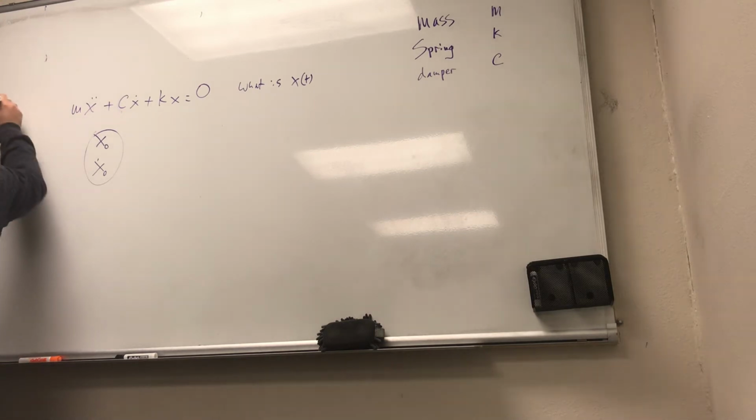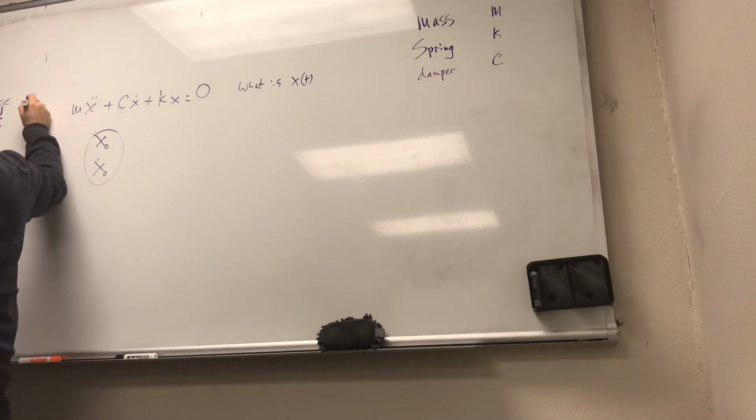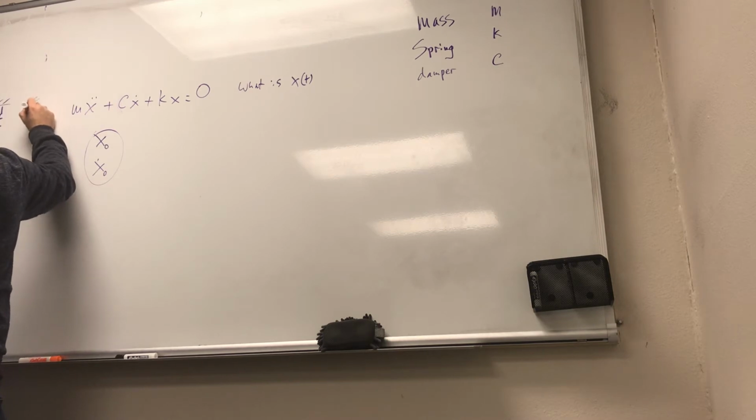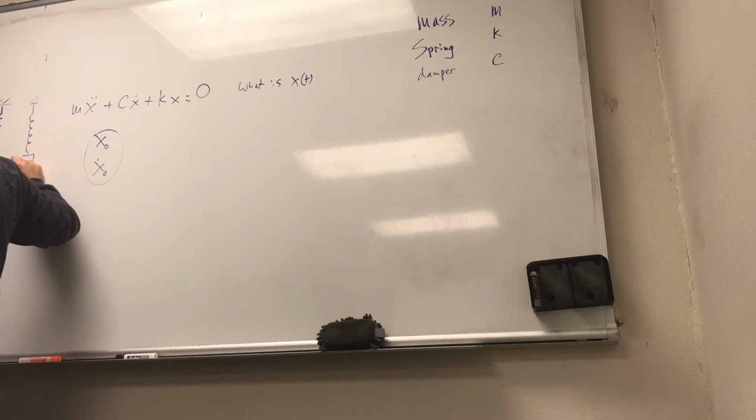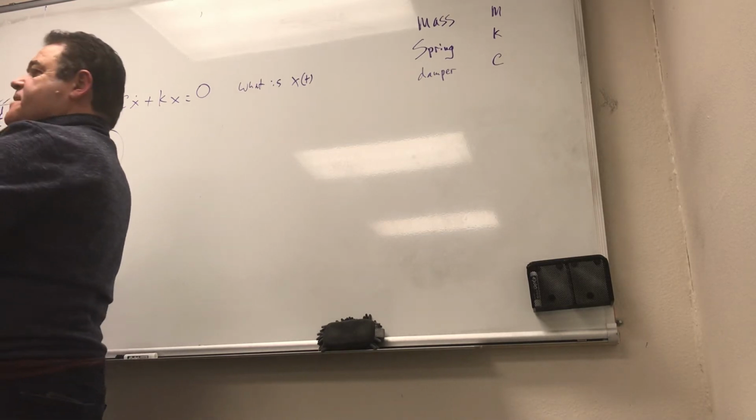Because what you will have, let's say, a spring like this, right? That's nothing, it's undeformed length. And then what I'll do is I'll attach a mass to it. So what's going to happen? Gravity is going to stretch it by an amount which we call delta ST, which is the static deflection.